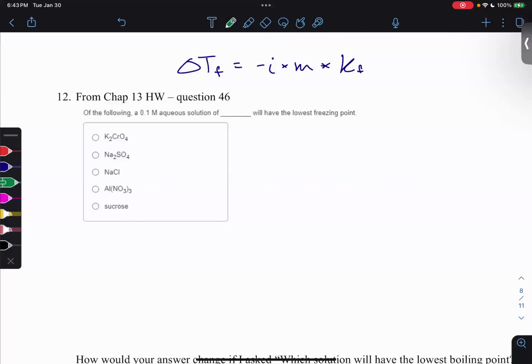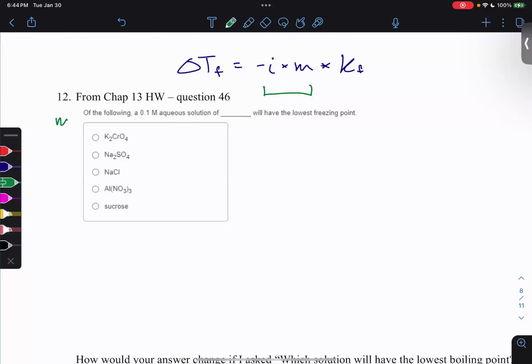So we're looking for the solution that has the most solute dissolved. Our strategy here is to calculate the i times m product, multiplying those numbers together to figure out the concentration of solute particles. I have a bunch of concentrations, but I don't actually have how many particles there are.